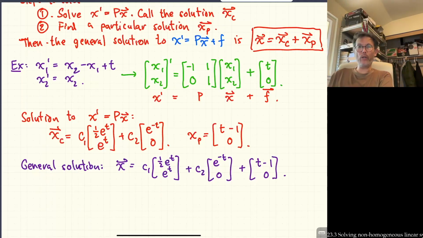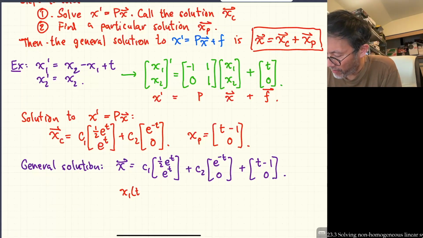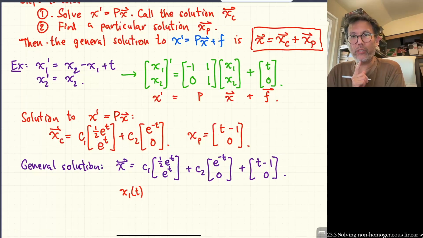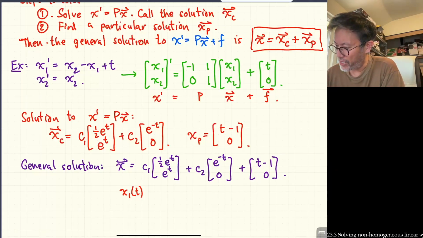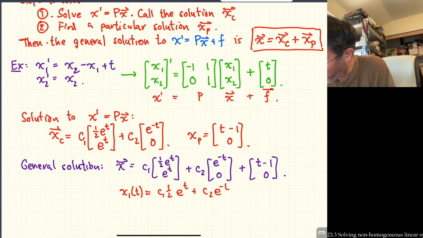Now, if you interpret this in the language that we had earlier, what this is saying is that x1 of t, the solution to the original system of differential equations, is going to be c1 times 1/2 times e to the t plus c2 times e to the negative t plus t minus 1.